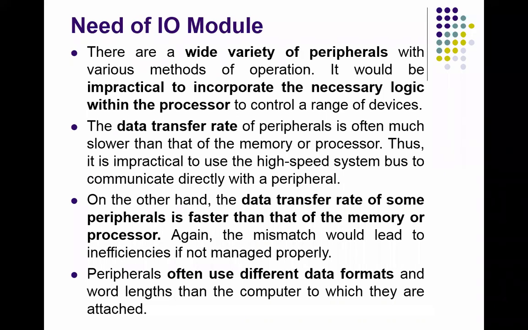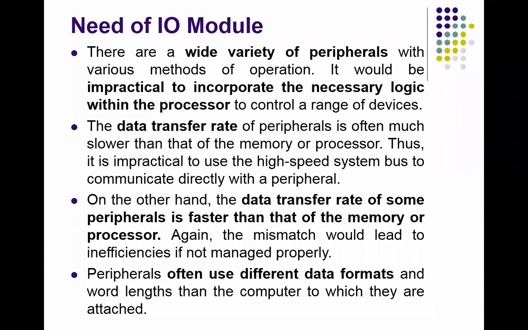Because there are multiple devices, and each of these different devices has a different data transfer rate. Even if you compare the different devices, the keyboard is much slower than your memory as well as the processor. Because if you press one button and then another button, then a third button, it takes too much time. But the memory and the processor work very fast. Right?